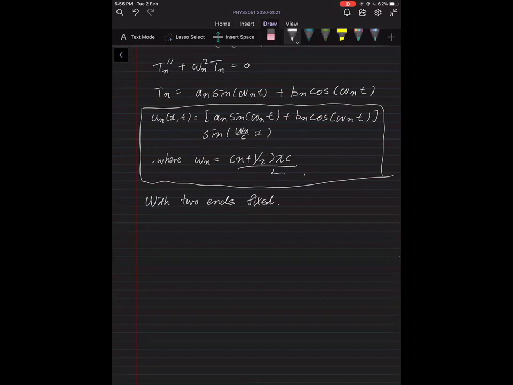For that case, omega n is n pi c over L. So the difference between the two solutions is that there will be some phase shift in both the spatial part and also the temporal part of the two normal modes.